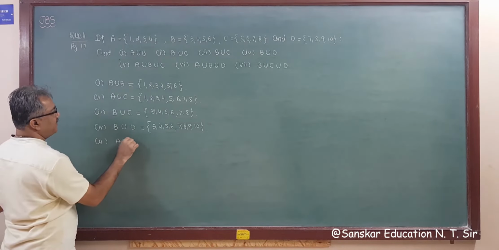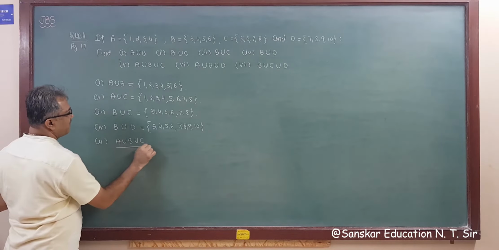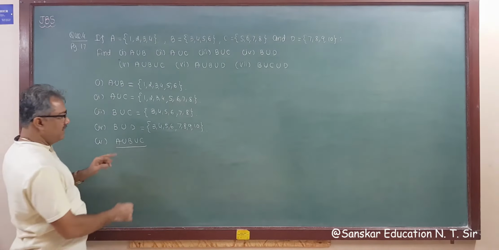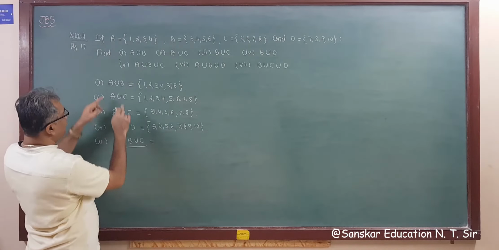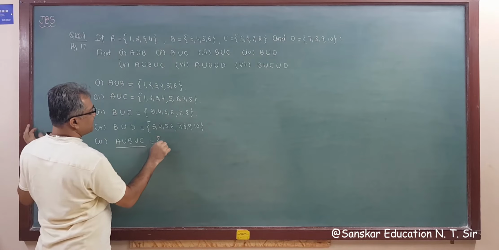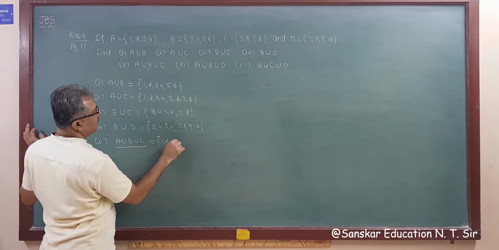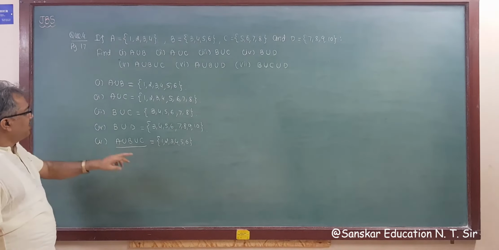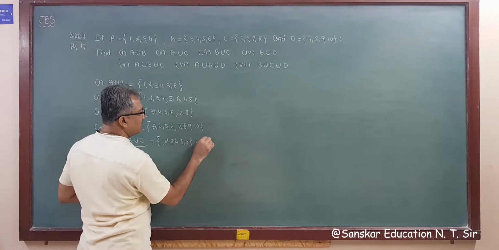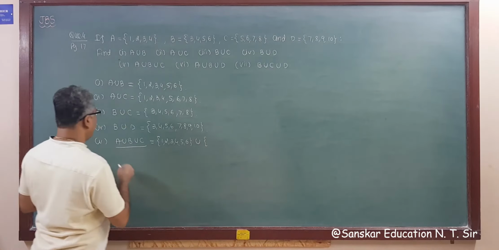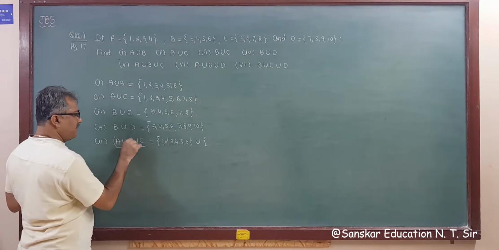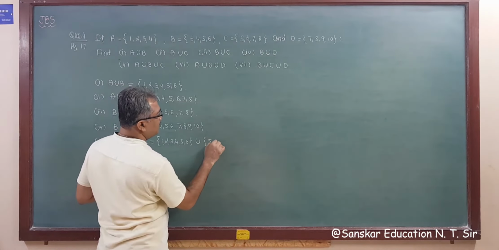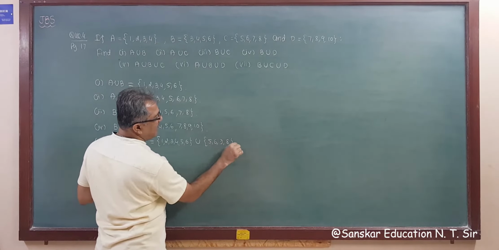A union B union C. First of all we take A union B, which is 1, 2, 3, 4, 5, 6. Then we take the union with C, that is A union B and then C. C is 5, 6, 7, 8.